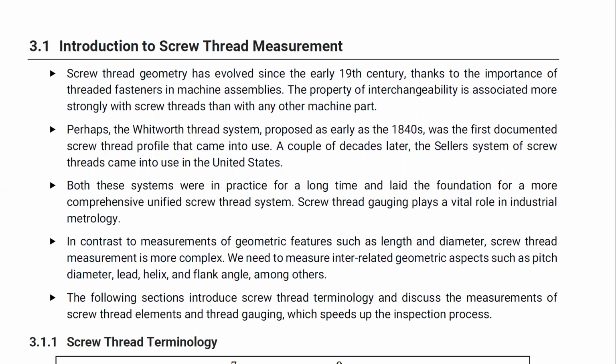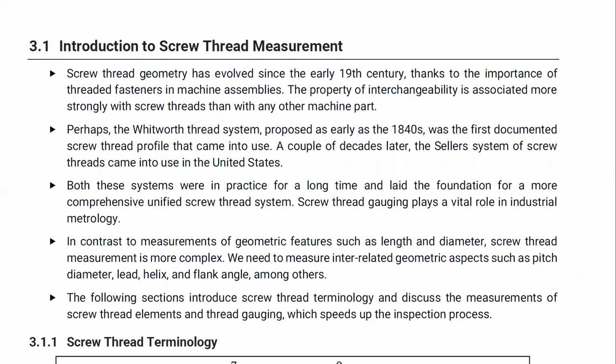With the introduction, the screw thread geometry has evolved since the early 19th century thanks to the importance of threaded fasteners in machine assembly. The property of interchangeability is associated more strongly with screw thread than with any other machine part.